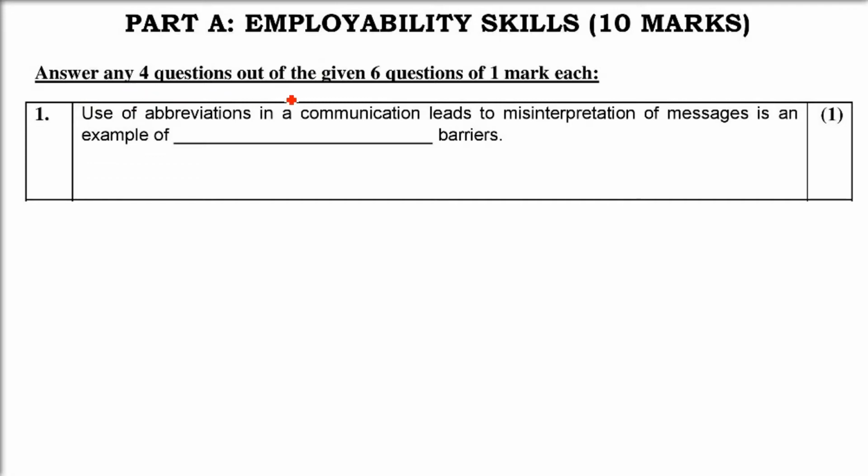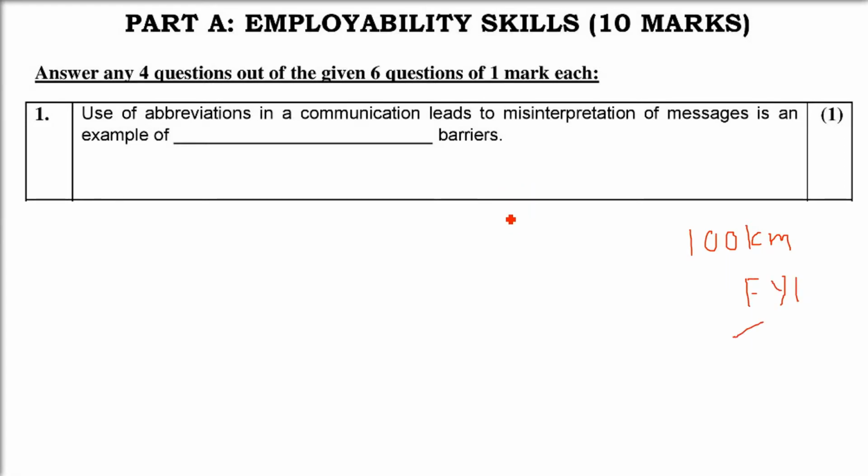The use of abbreviations in communication leads to misinterpretation of messages is an example of dash barriers. There are different kinds of barriers. One is the language barrier. Normally we have different languages spoken in different countries, and in one country also we see different languages spoken. So if we use, say, short forms, for example, if I tell you FYI, what does it mean?